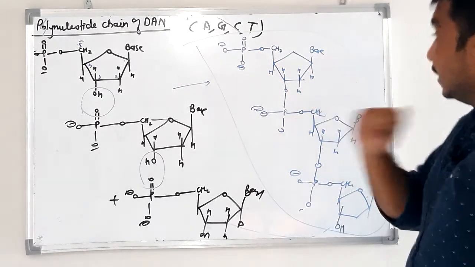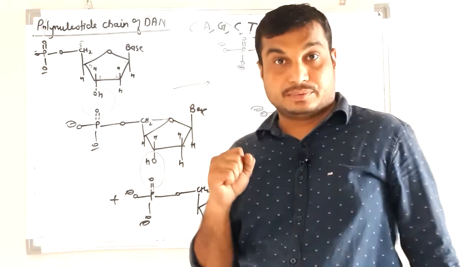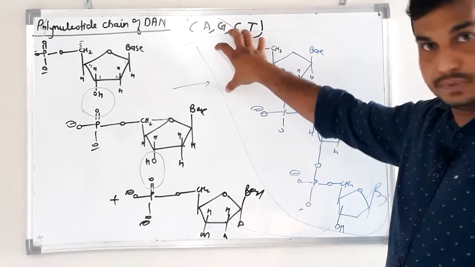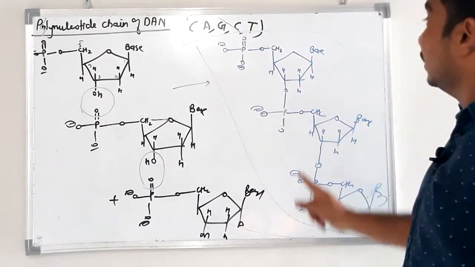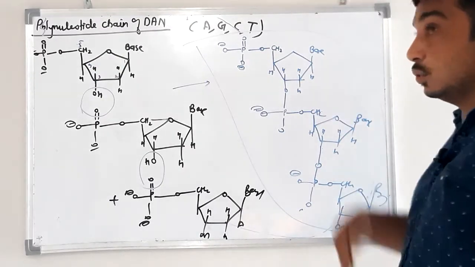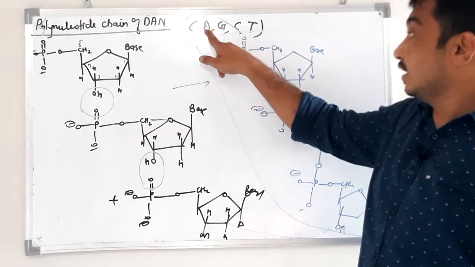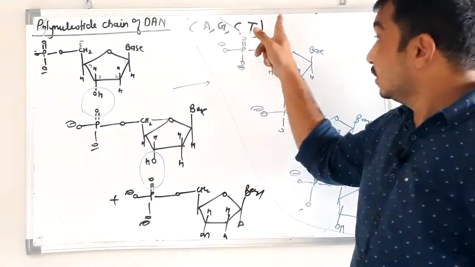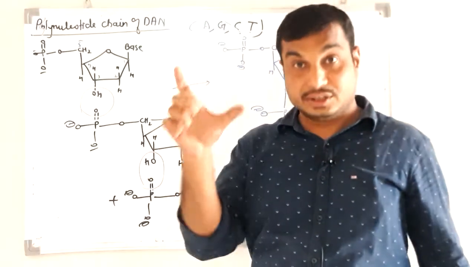So in DNA what is going to change? The main part is the base molecule. Phosphate is fixed, sugar is fixed, this combination is also fixed, only the base molecule is going to vary. This base molecule may be A, G, C or T, and this is the basic genetic information in the gene.